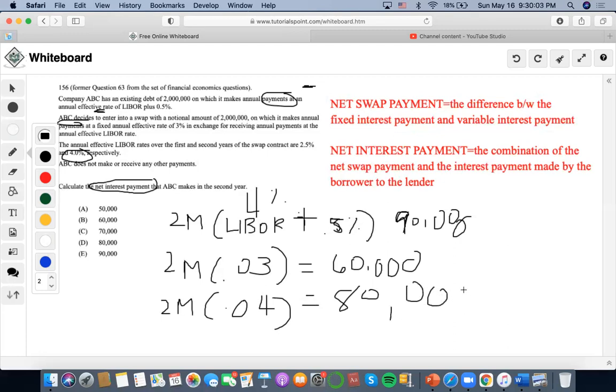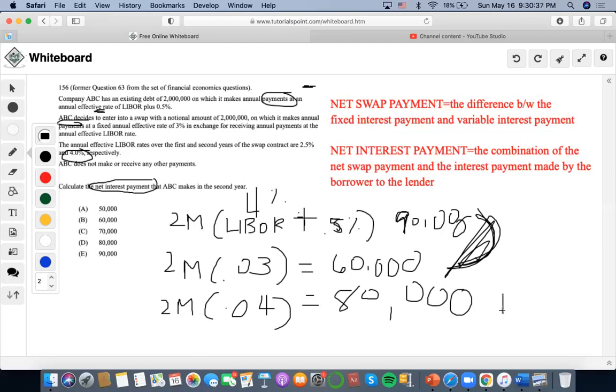So now we notice that these are both outflows or payments, right? And another thing is that this person is paying a fixed annual effective rate of 3% in exchange for receiving annual payments at the annual effective LIBOR rate, which means that we're receiving this because we're paying the fixed amount.